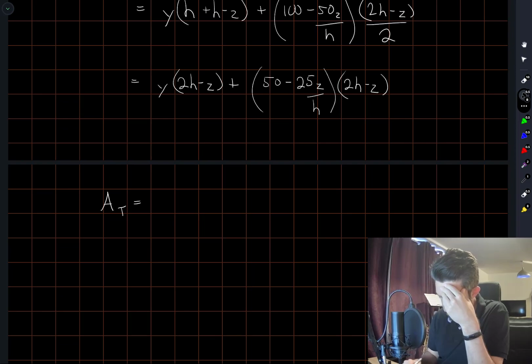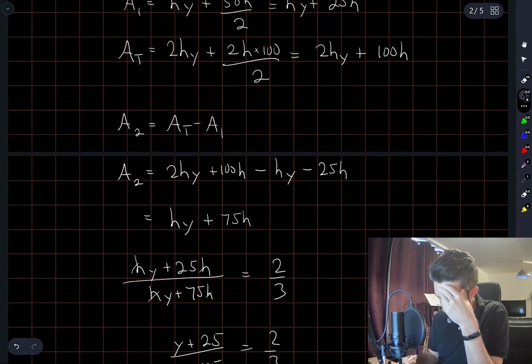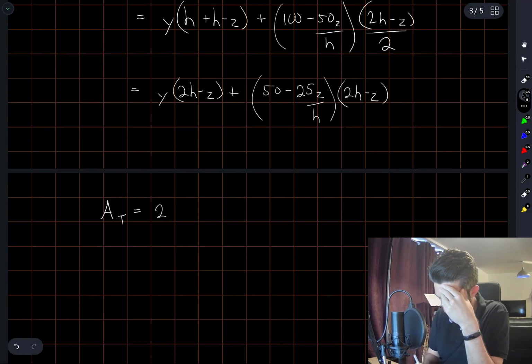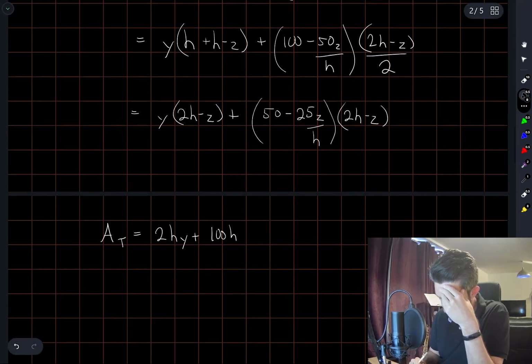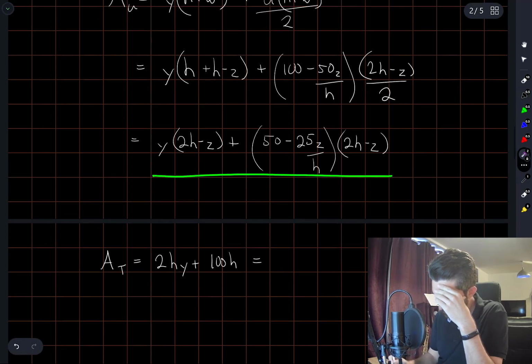Once again, the total area we had from earlier is 2hy plus 100h. So this has to be equal to 2 times this.